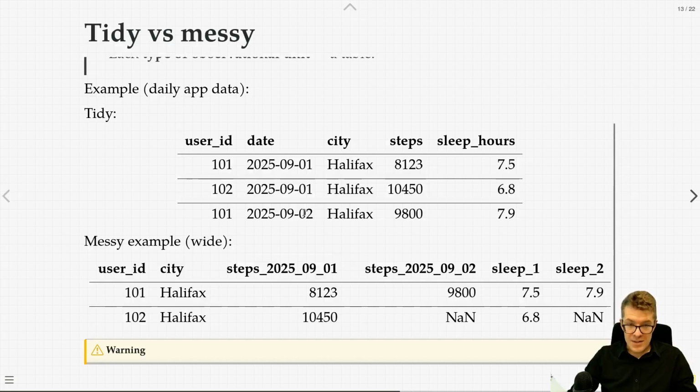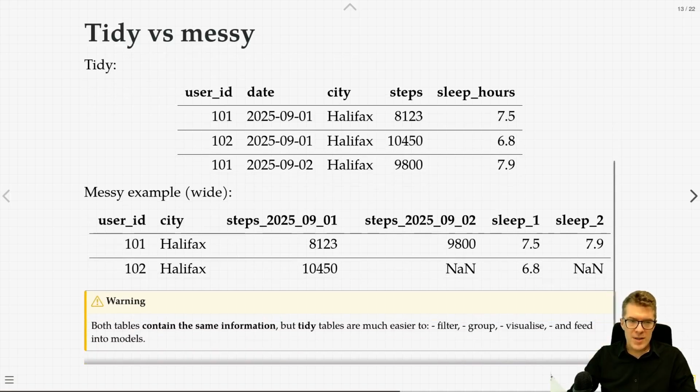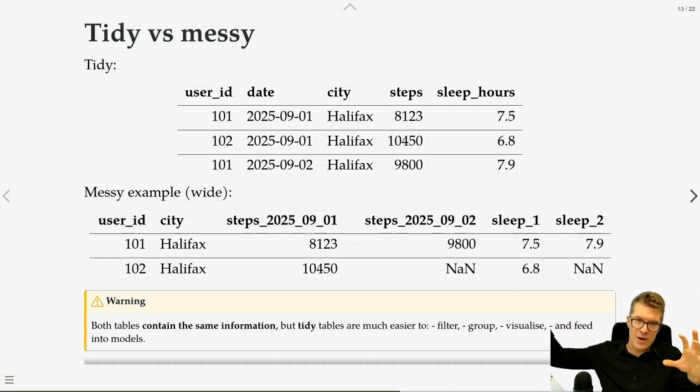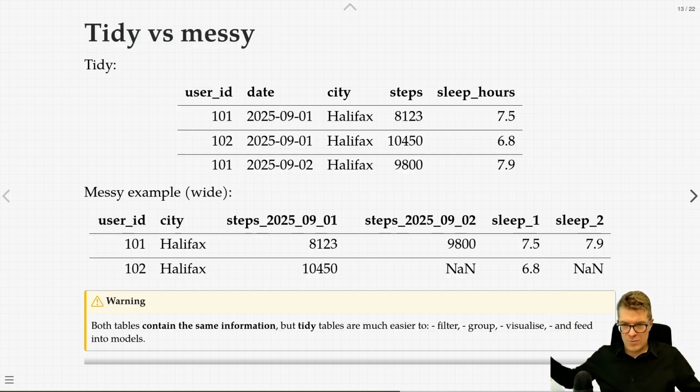A messy example is messy in a few ways. Usually, but not always, messy examples are sort of wider. So here we decided I'm going to compress things by user, and I want every row to be an individual user of my app. But to do that, you're going to have to spread out all of the information about the dates and the steps and the sleep hours across columns for this one row for this one user.